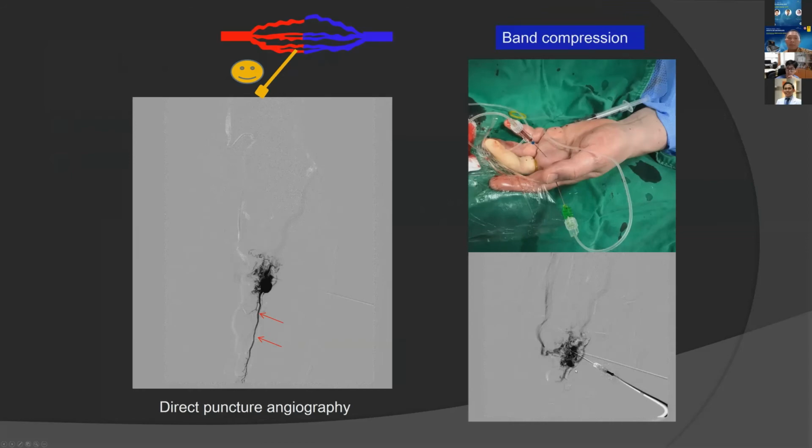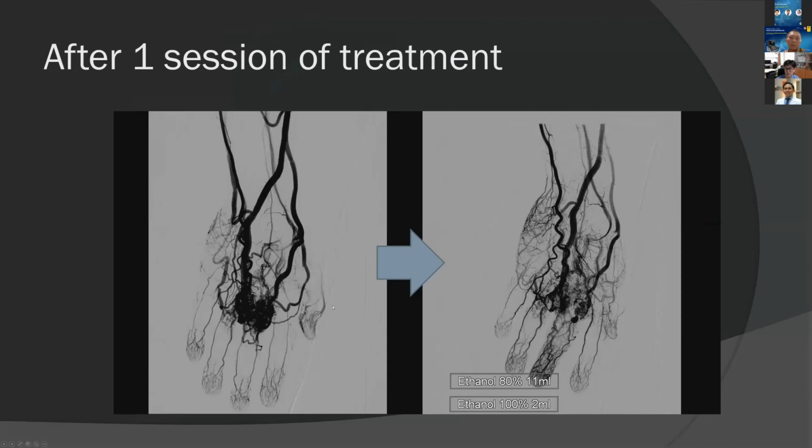After band compression, angiography shows the finger artery is not visualized, so we could ablate this nidus with ethanol. This is the follow-up angiography, with markedly reduced lesions without parenchymal perfusion defect.